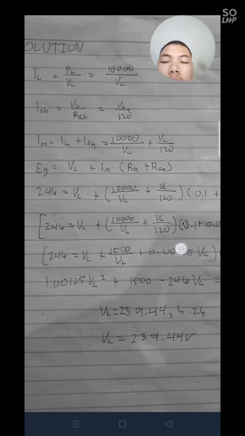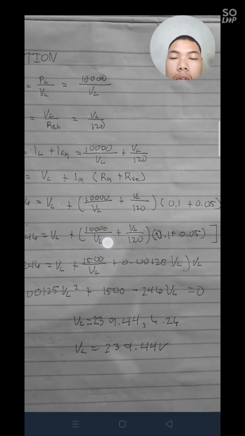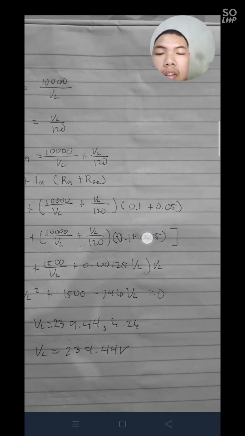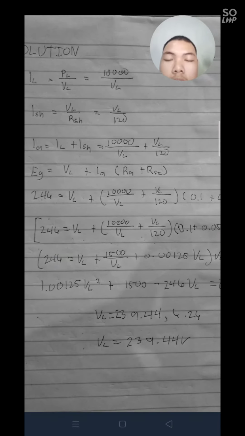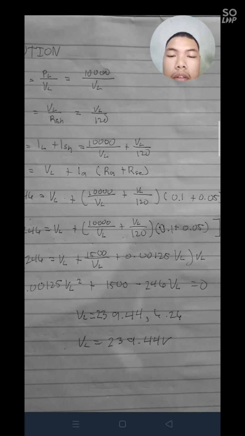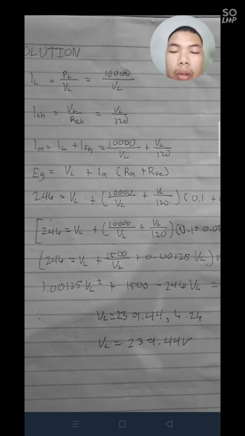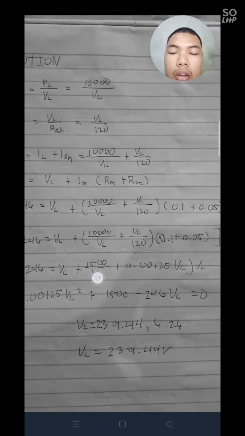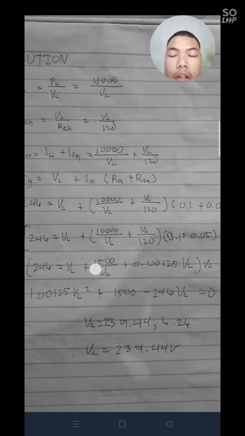So this RA plus RSE we add together, so we get 246 equals VL plus 150 over VL plus 0.00125 VL. So to remove the VL in the denominator, we multiply everything by VL.